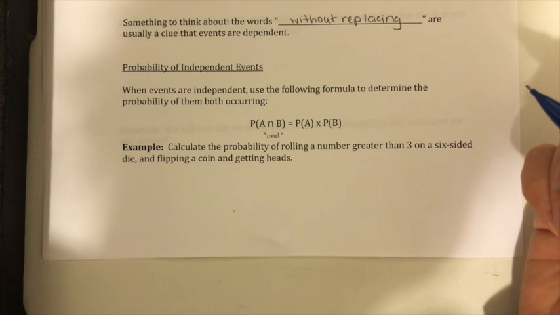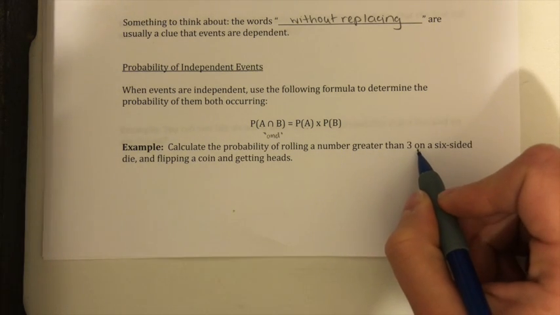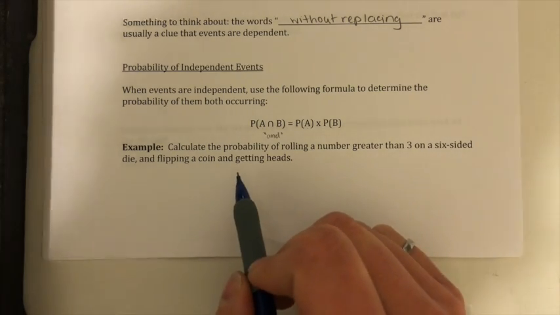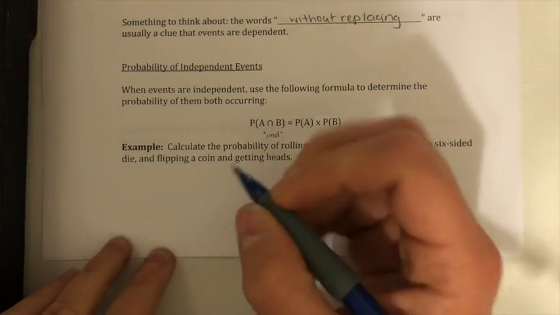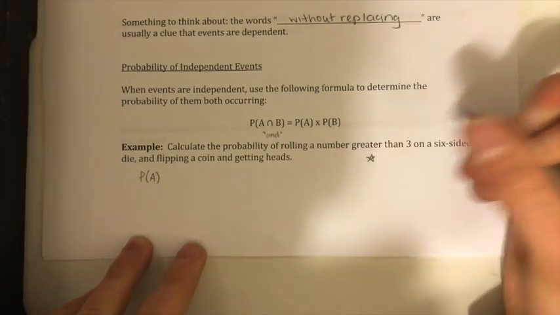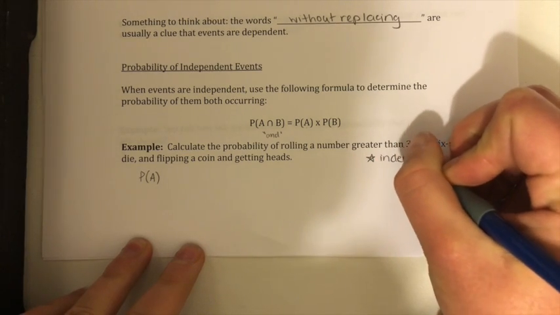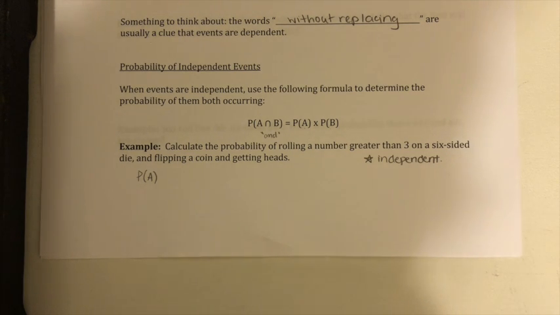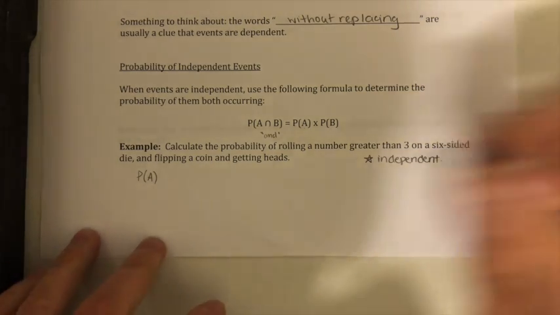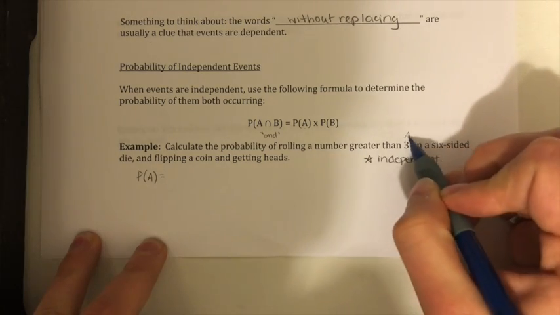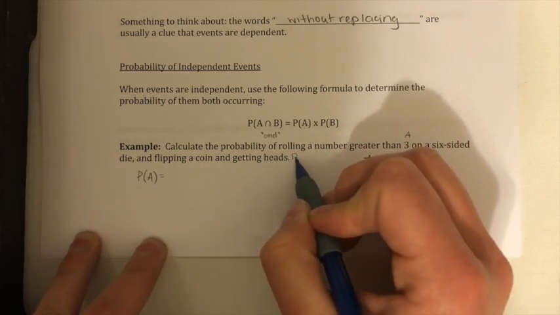Okay, so if we want to calculate the probability of rolling a number greater than 3 on a 6-sided die and flipping a coin and getting heads, okay, we're going to say the probability of A. Okay, first thing that we should look at here is that these are independent, right? This is the example, but I just want to get into a habit of let's write out whether or not we are looking at dependent or independent. So the probability of A, okay, we'll call A in this one is a number greater than 3 and B is getting heads.